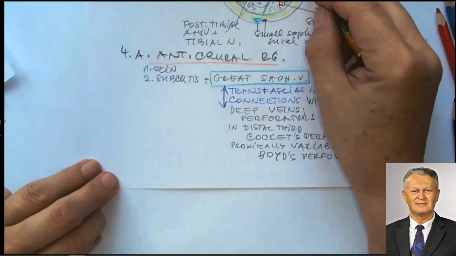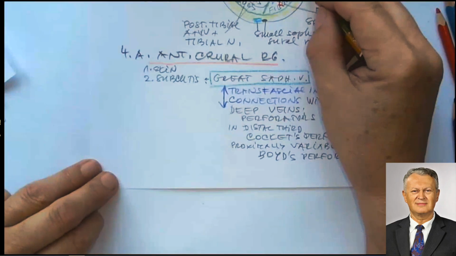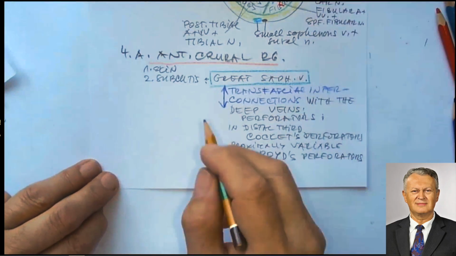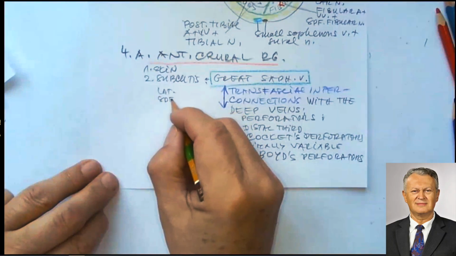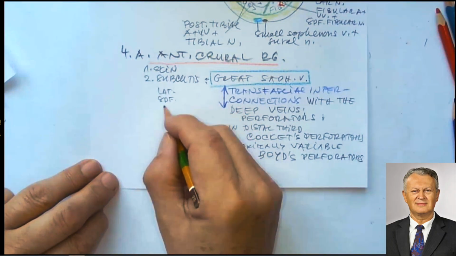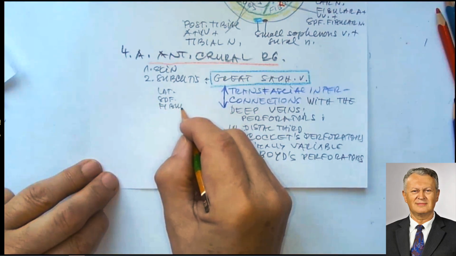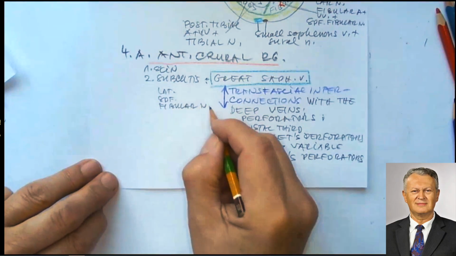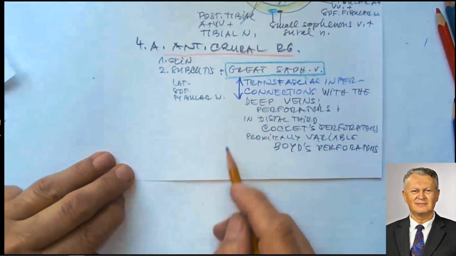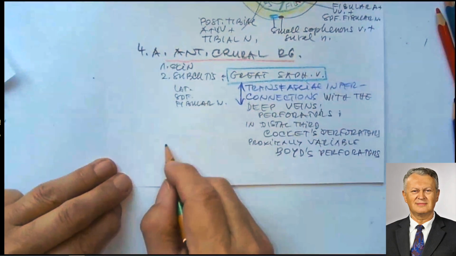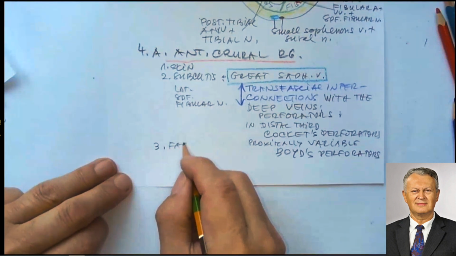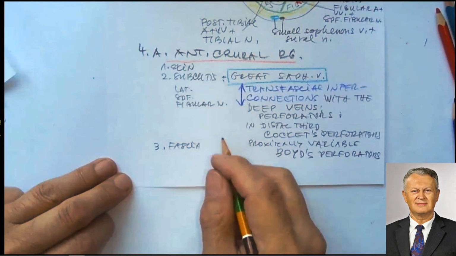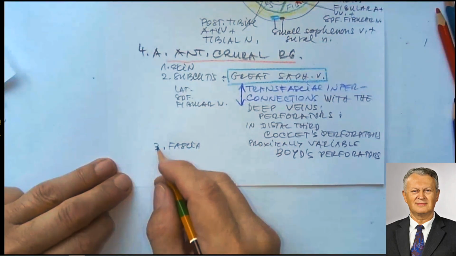Laterally in the subcutis there must also be the superficial fibular nerve. So the most important is the group of the perforators. This is number 2. Number 3 is the fascia cruris with septa, nothing else.